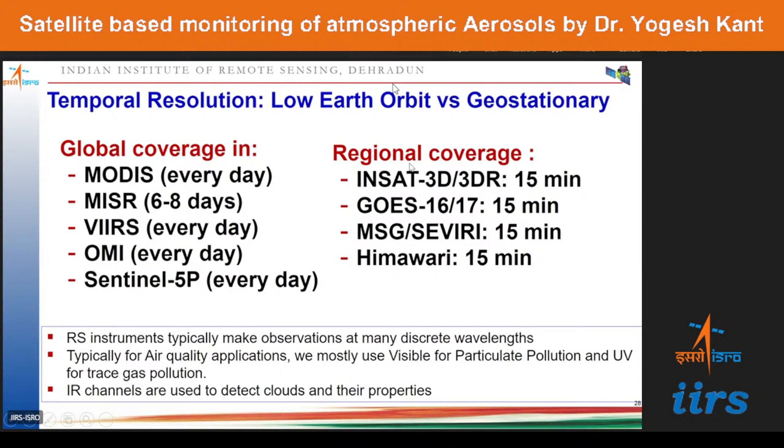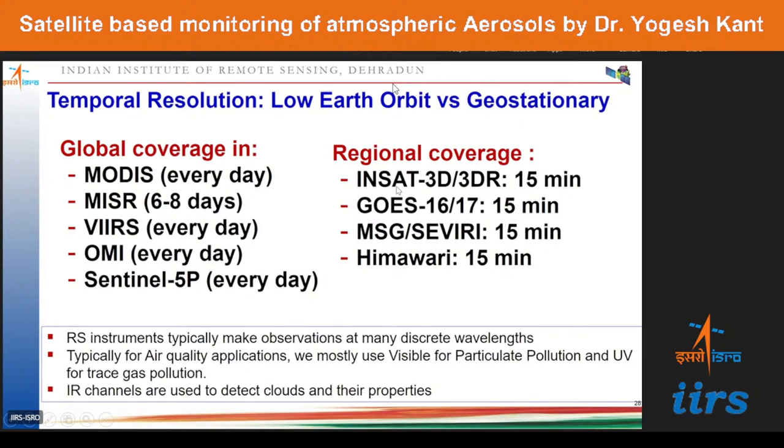Or for example, disasters like a cyclone, or floods, how they spread from one area to another in a very short time, in a few hours. For that we require high temporal resolution data, and geostationary platforms provide the best solution.